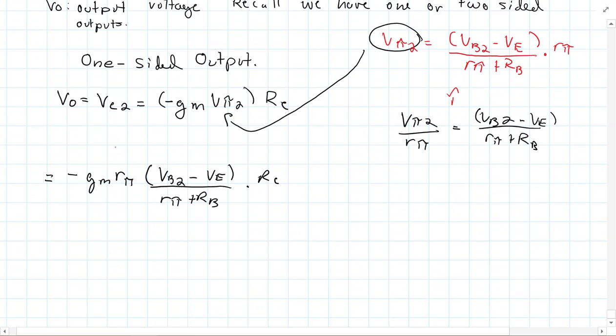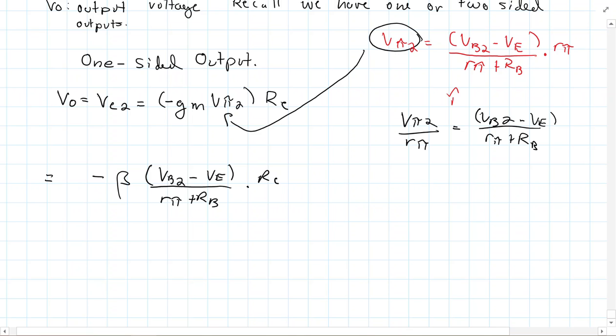But then we should recognize that GM R pi is just simply beta. So I'm going to rewrite this as minus beta times that.